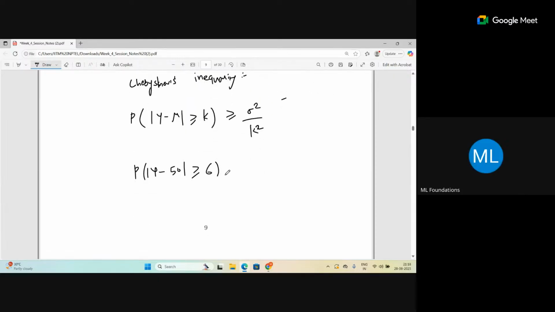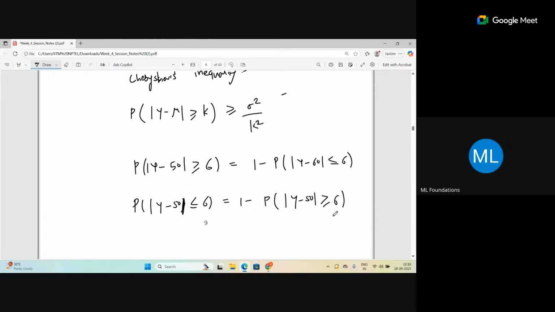So that is actually 1 minus the probability of mod of y minus 50 less than or equal to 6, basically. That is 1 minus the probability that mod of y minus 50 is greater than or equal to 6.